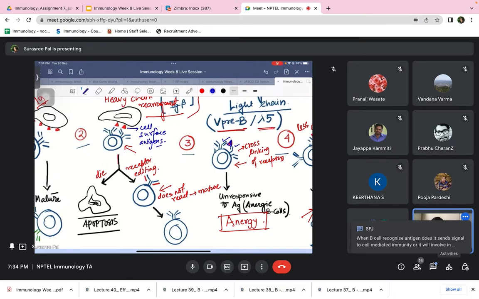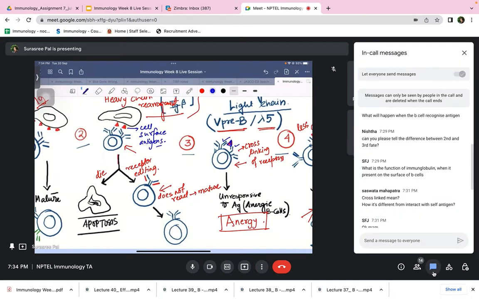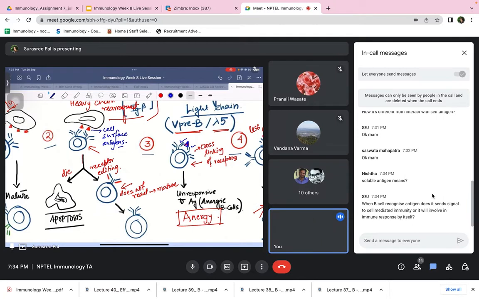When a B cell recognizes an antigen, does it send a signal to cell mediated immunity, or does it get involved in the immune response by itself? So once the B cell recognizes any antigen, there can be many things that can occur. One is opsonization, right?